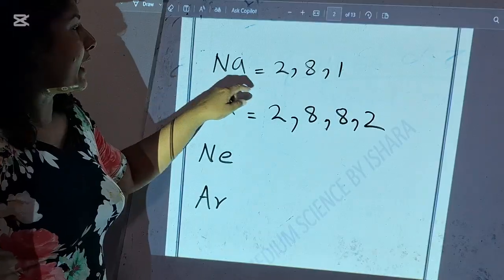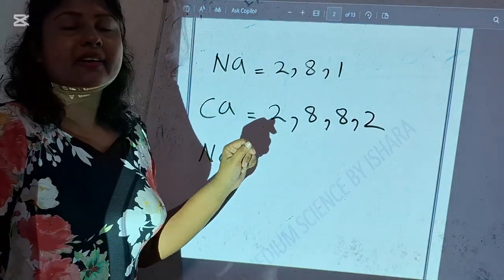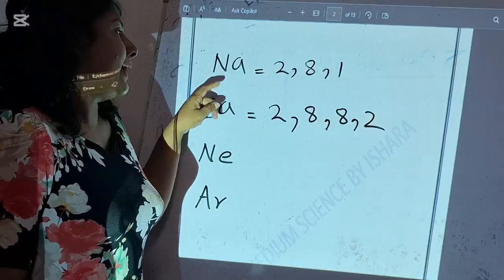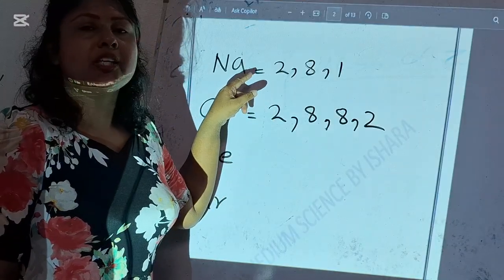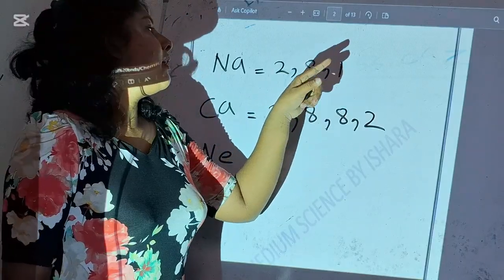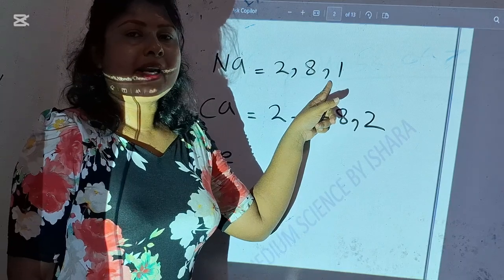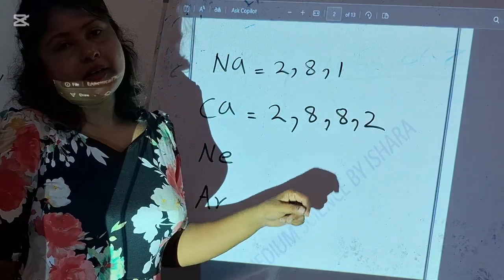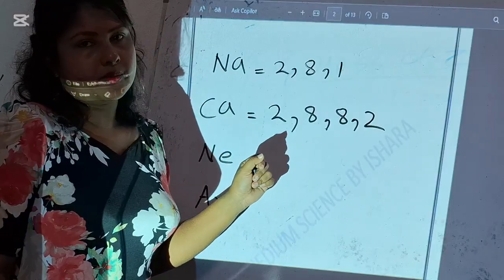The reason for getting 281 for the 11 electrons of sodium: the first shell is filled with 2 electrons, the second shell with 8 electrons, and the third shell with 1 electron.